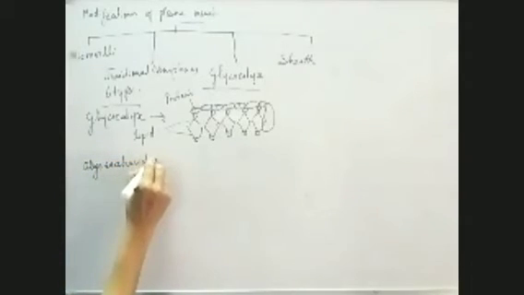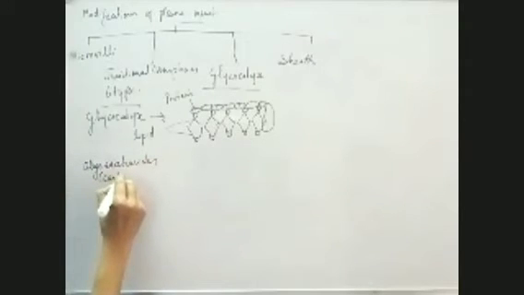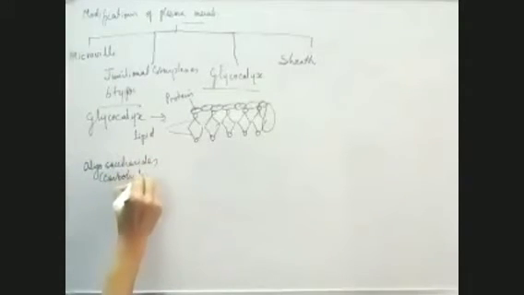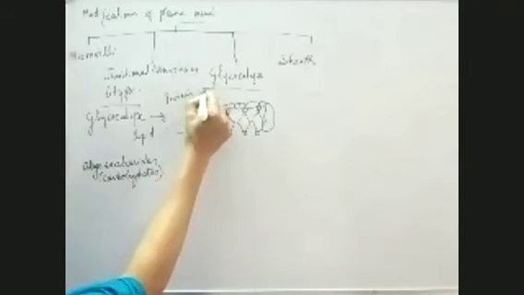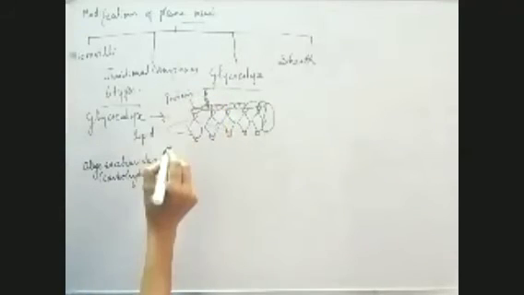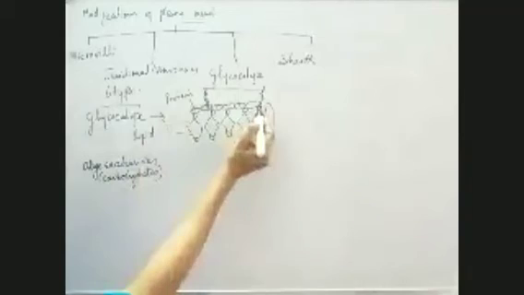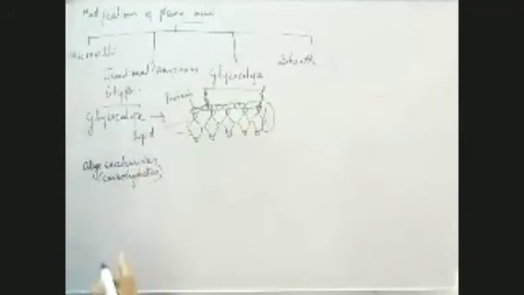Oligosaccharides are carbohydrates. There are some oligosaccharides which are basically carbohydrates attached either to proteins or to lipids.